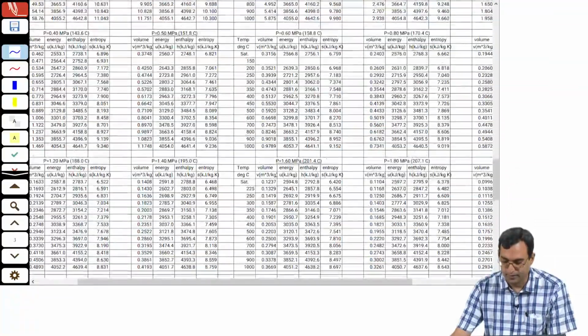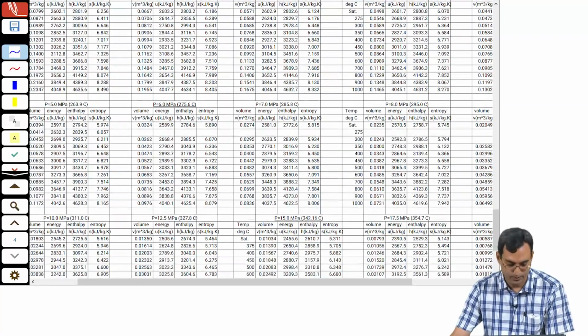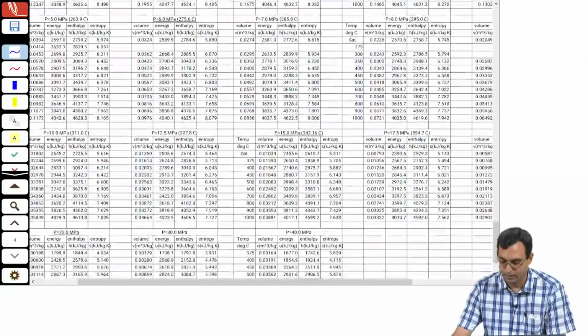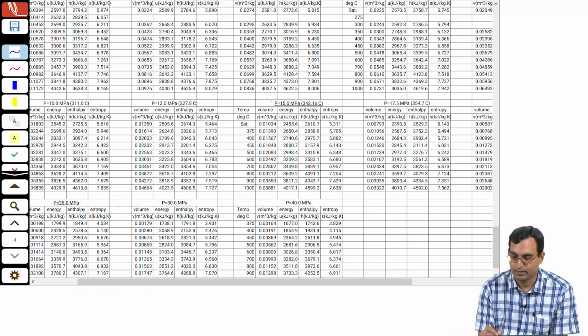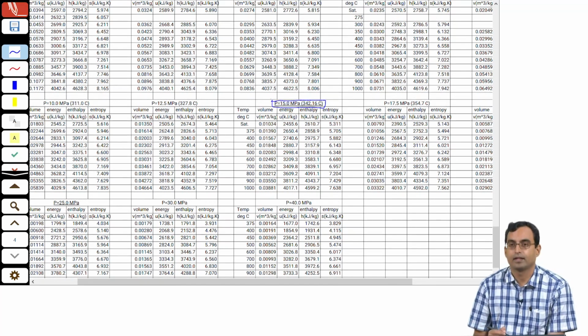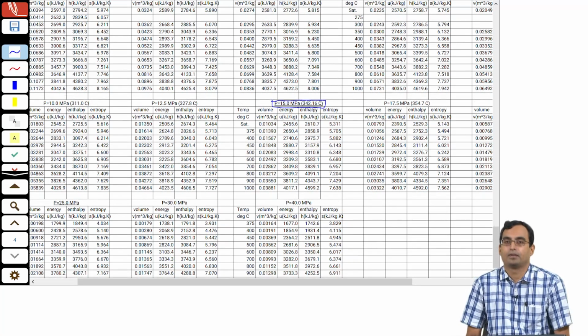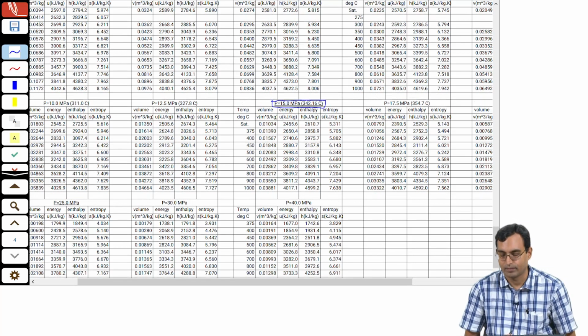So, similarly, if I went to some other condition, I am going on to the next page, page 4. I have similar values. So, let us say on page 4, I pick this condition over here. This gives me the values for steam at a pressure of 15 megapascals or 150 bar.